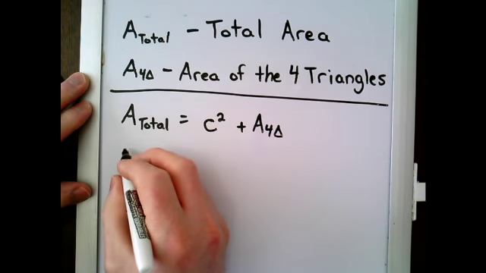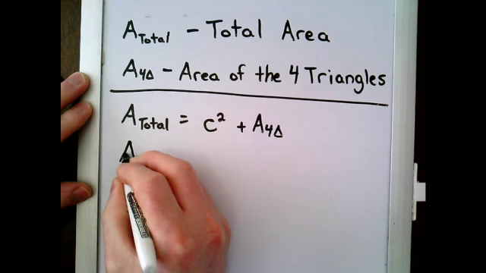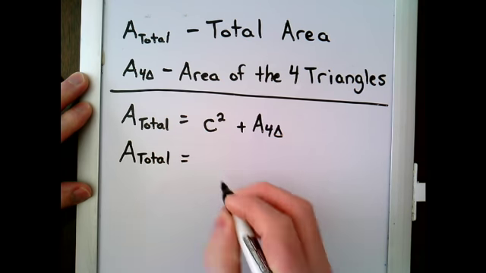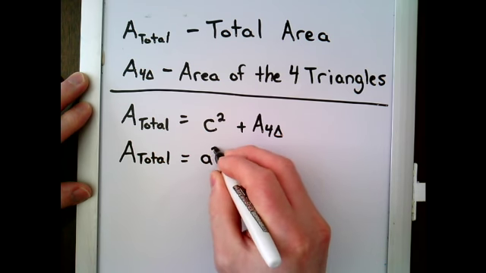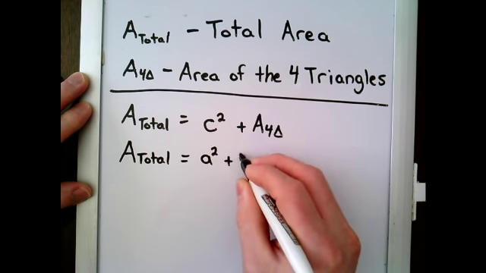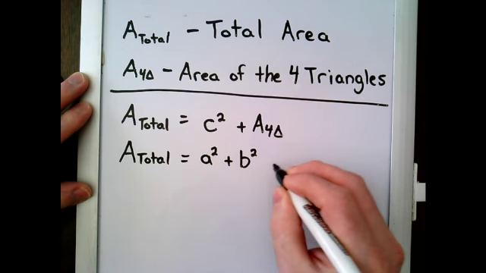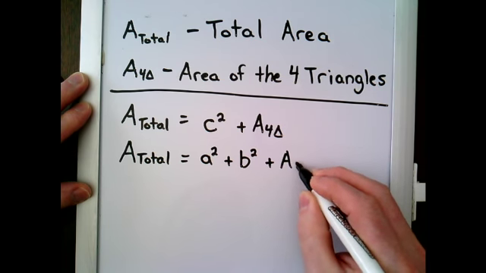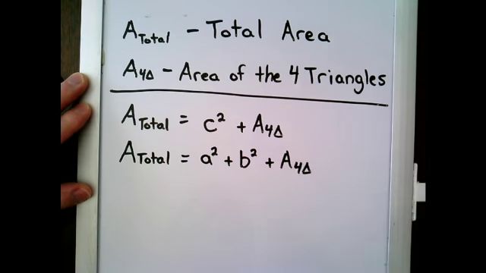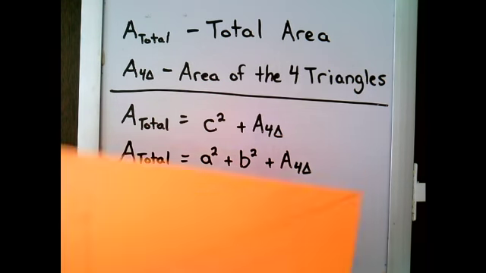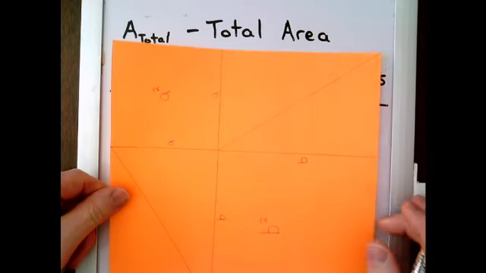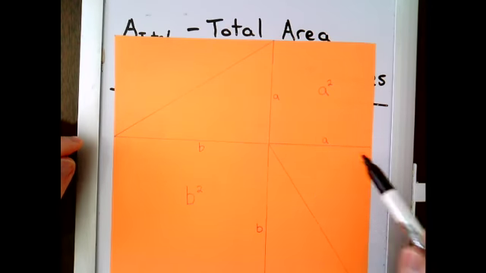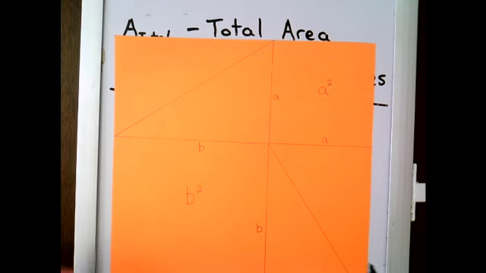Now, in my second example, the total area was equal to a squared plus b squared plus the area of the four triangles, and that was demonstrated here. So again, we had a squared plus b squared plus the area of the four triangles.